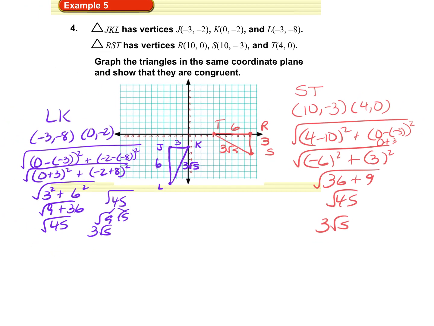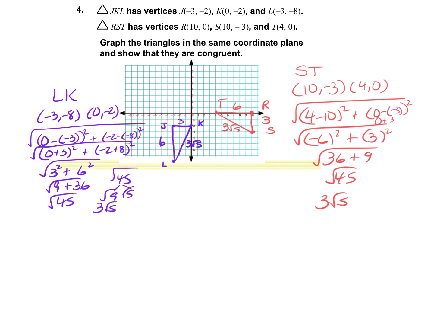So now, I'm going to show the corresponding congruent matches. I can show that JK is congruent to RS. And then I can show JL, the side that has a length of 6, congruent to RT.